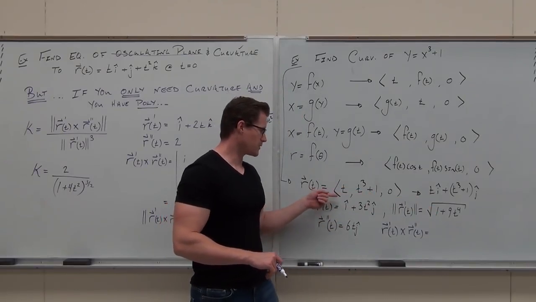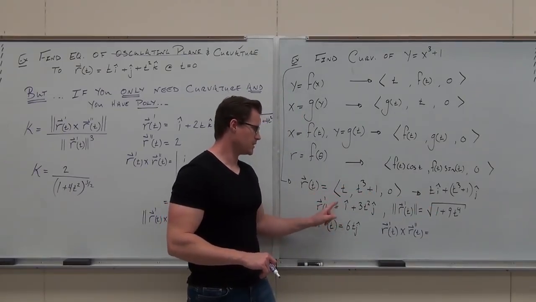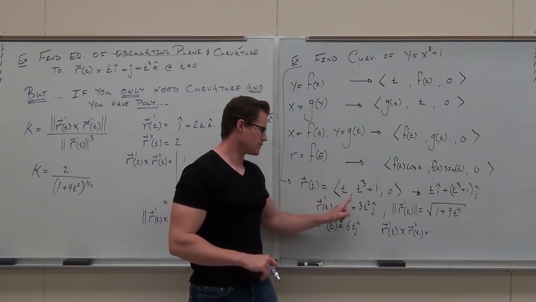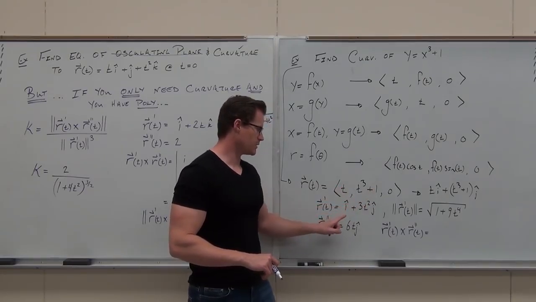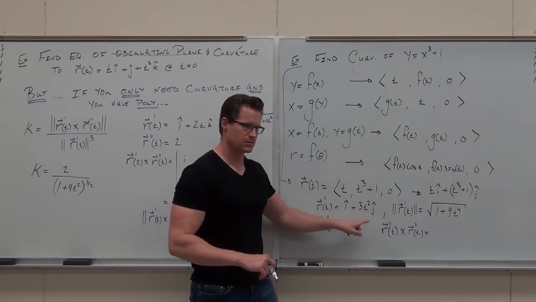If I cross product this and this, which you know how to do, you got 1, 3t squared, 0, and 0, 6t, 0.